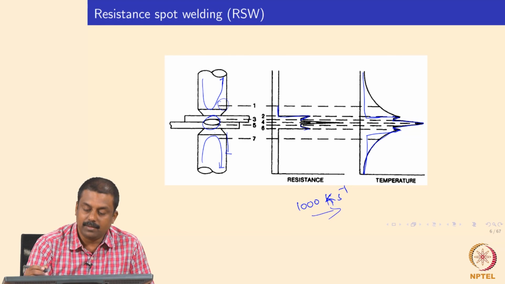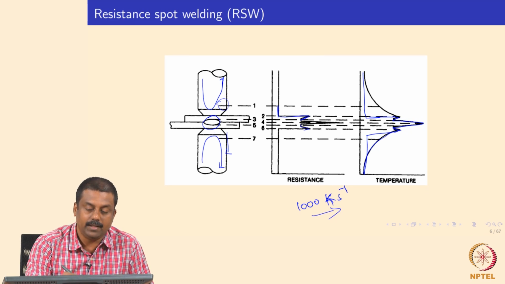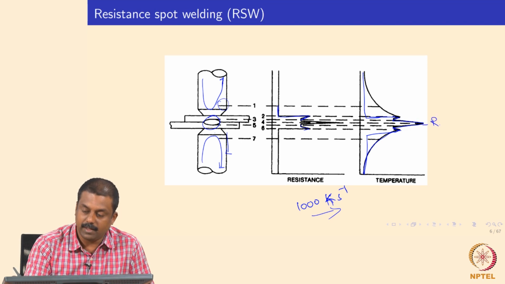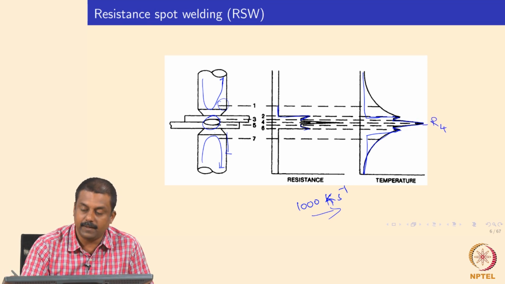Okay, so to summarize, the resistance at the interfaces determines the heat generation, and you will have peak temperatures at the faying interfaces because of the contact resistance, the R4 that I explained in previous slides, the contact resistance between the sheets.